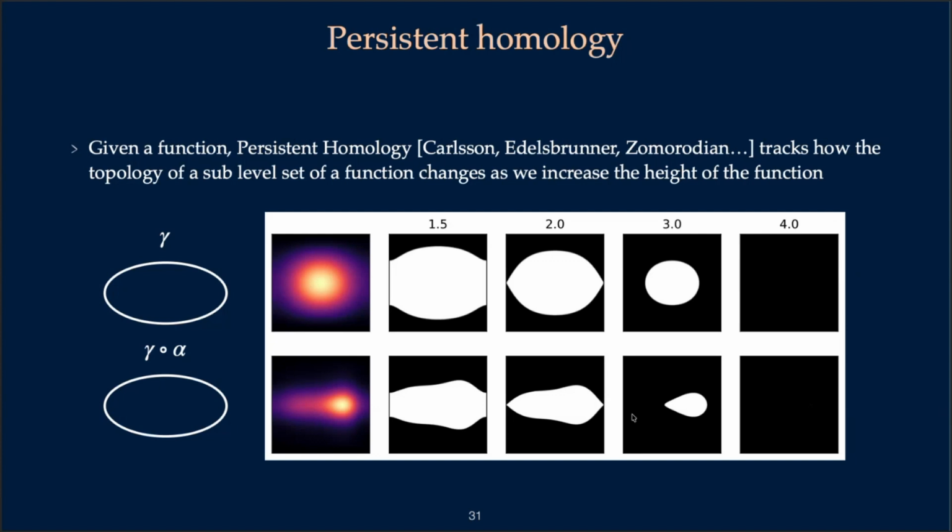But notice that as I step through, as I change the subset, all these are topologically equivalent. So by considering this filtration of sublevel sets and the topology of this filtration, I'm obtaining an object that is invariant with respect to this choice of parameterization.